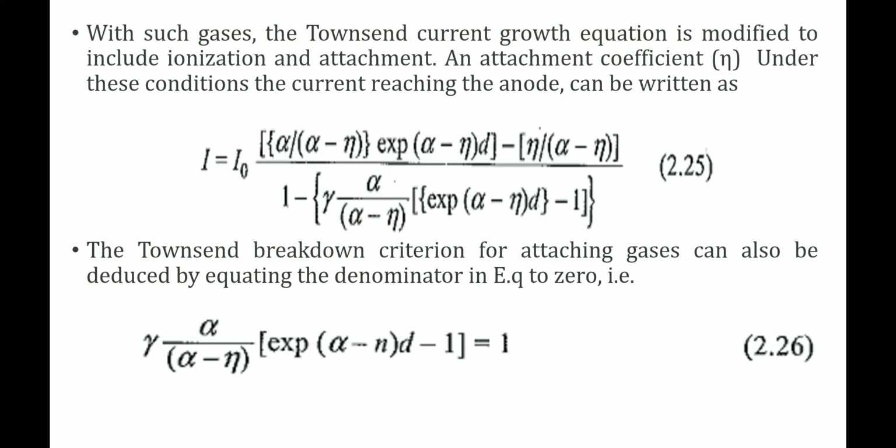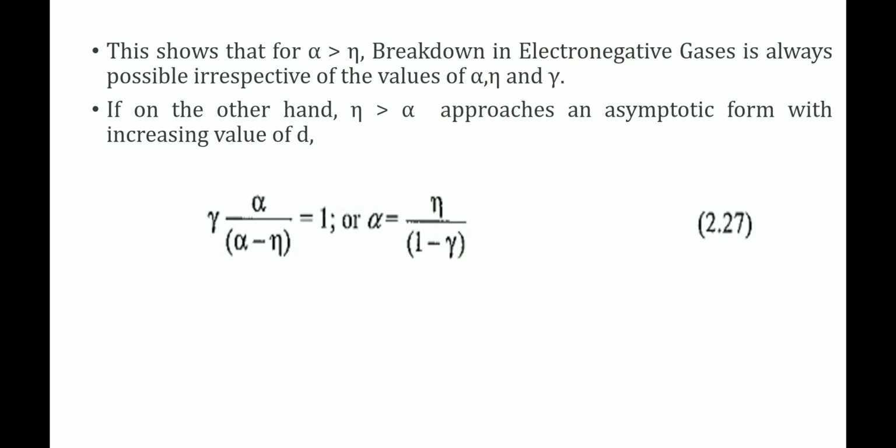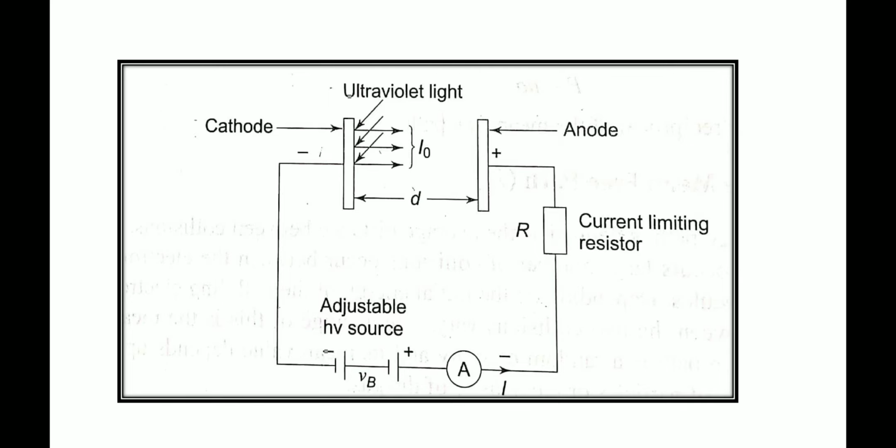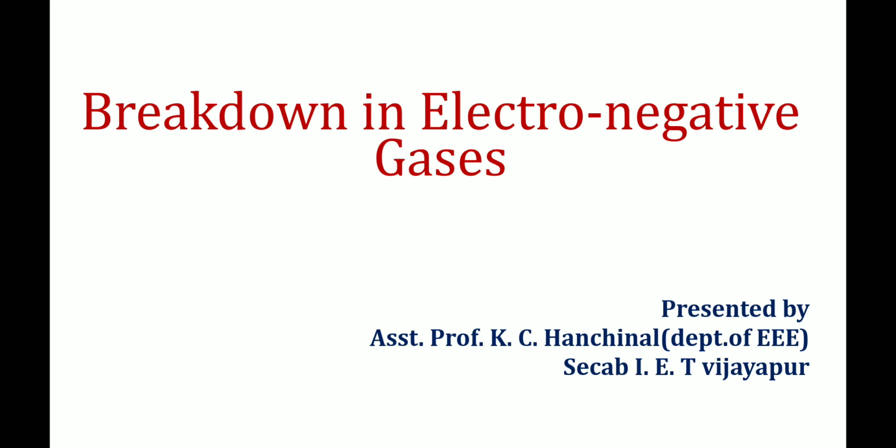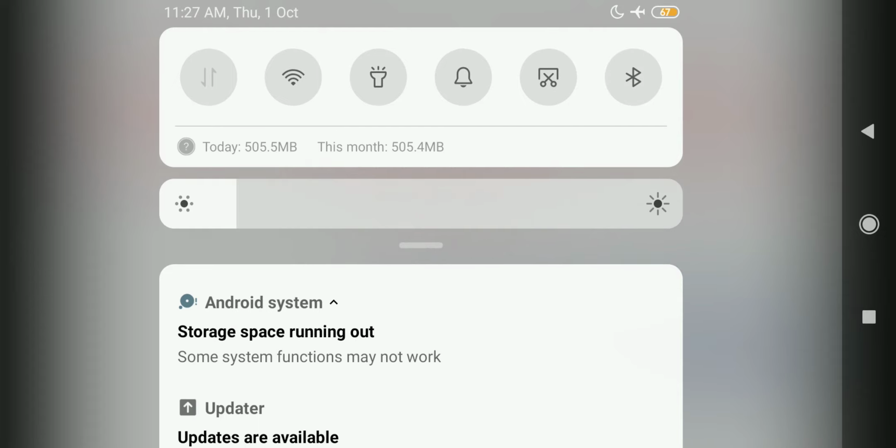Then we took Townsend's current growth equation, derived in the previous case, and modified it by adding the attachment coefficient. So this is all about dielectric breakdown in electronegative gases. Okay, I hope this is clear to all of you.